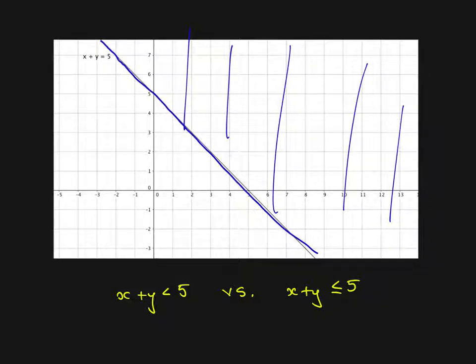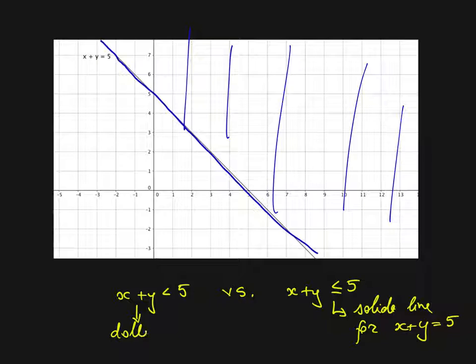So for x plus y smaller or equal than 5, I need a solid line for the line x plus y equals 5. If I want to represent the inequation x plus y smaller than 5, I need a dotted line. And my region will be represented like this.